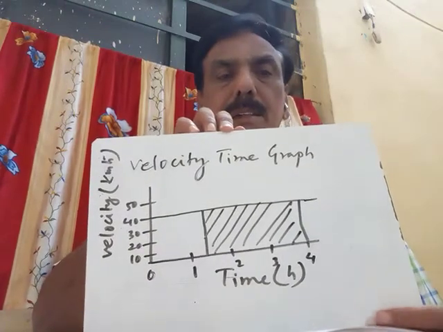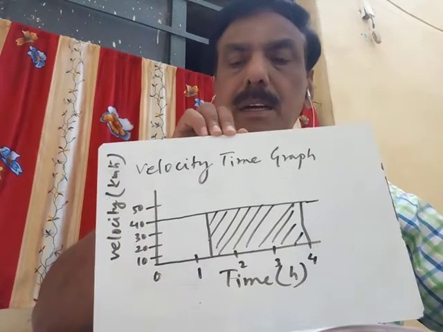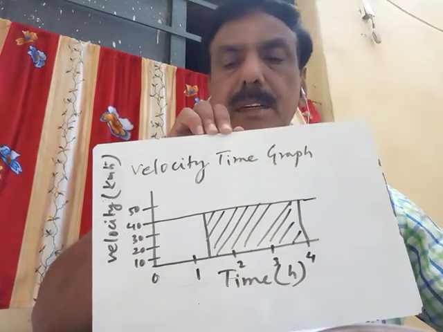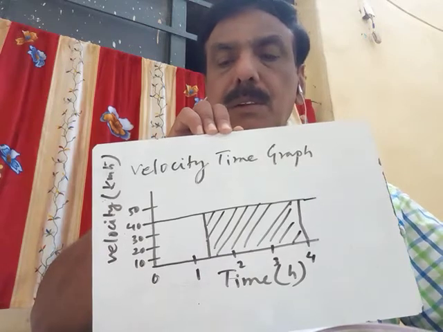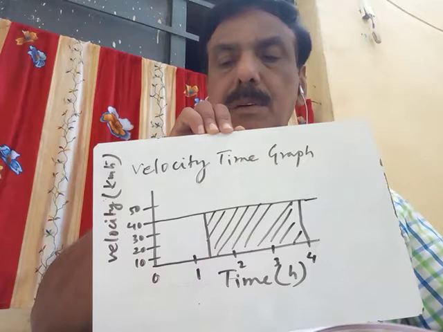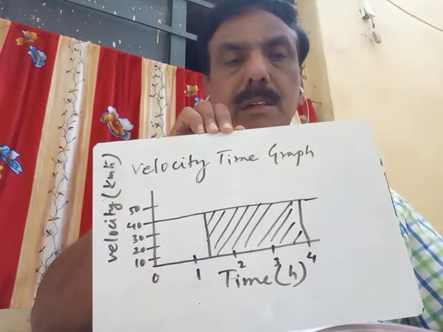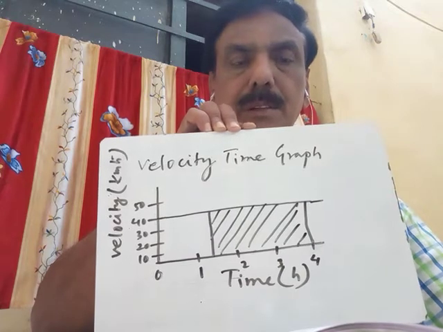Now the displacement is the shaded area enclosed by the velocity time graph and the time axis. This is the displacement, how much the body is displaced.